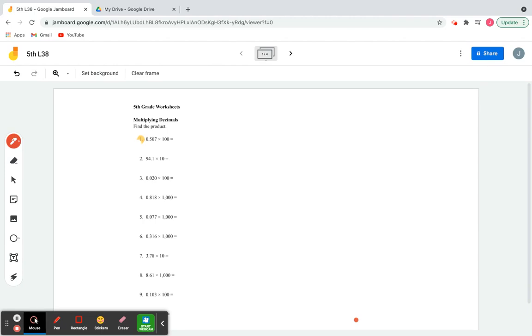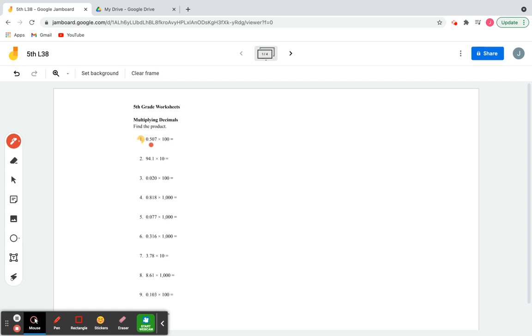So let's get started, and the first one we're going to learn is multiplying decimals. Let's work on number 1 together. We have 0.507 times 100. So we are multiplying 100 to 0.507, so we're going to move the decimal point to the right by 2 units because we're multiplying 100 and we have 2 zeros here, right?